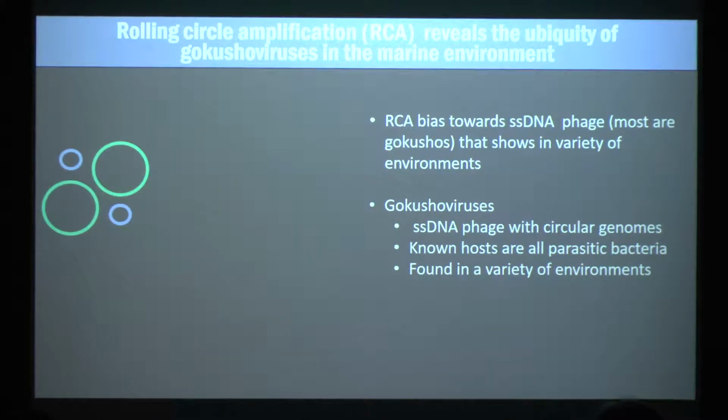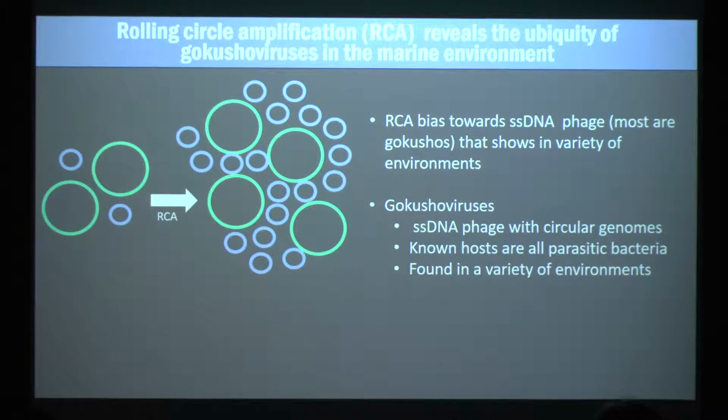Well, in 2006, a new technique known as rolling circle amplification came along. And what rolling circle amplification did was it preferentially amplified small circular genomes. And guess who had a small circular genome? That's right, gokushoviruses.